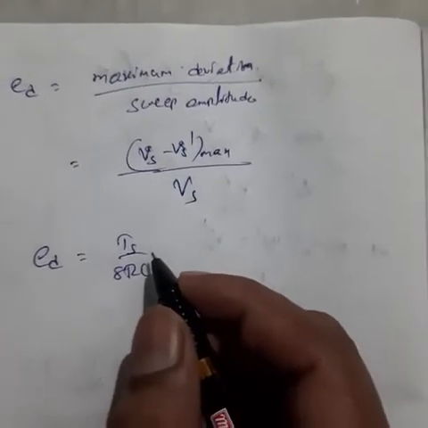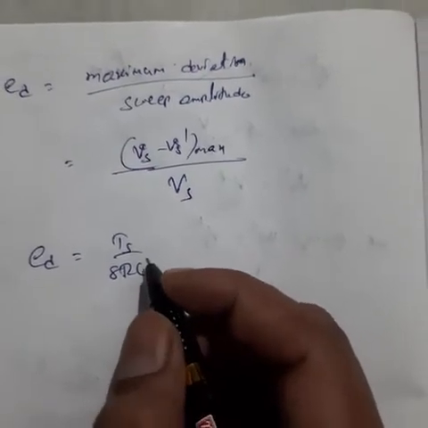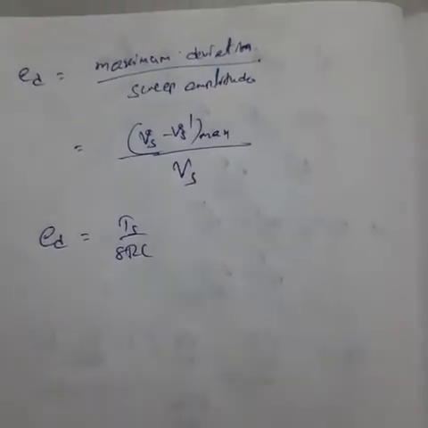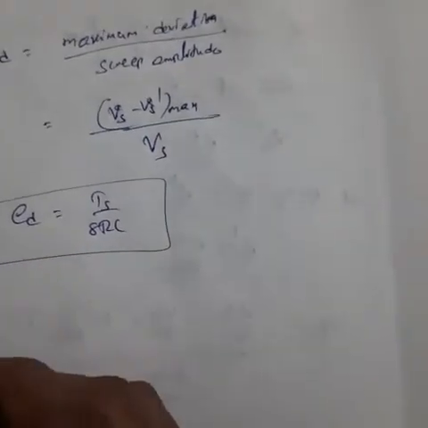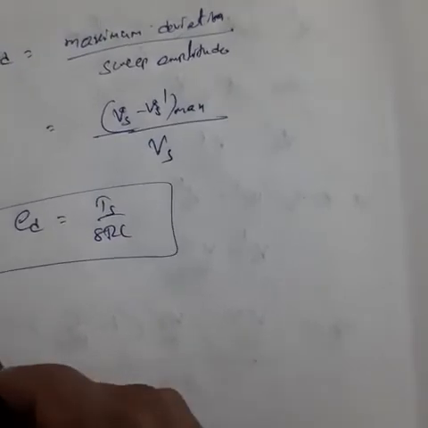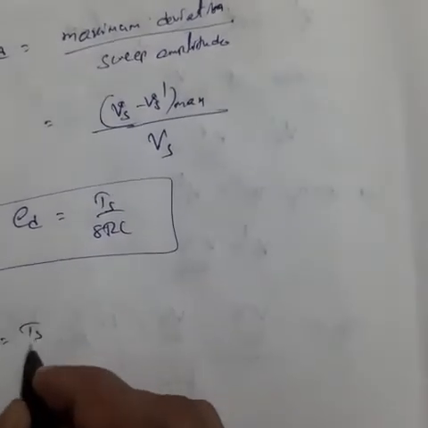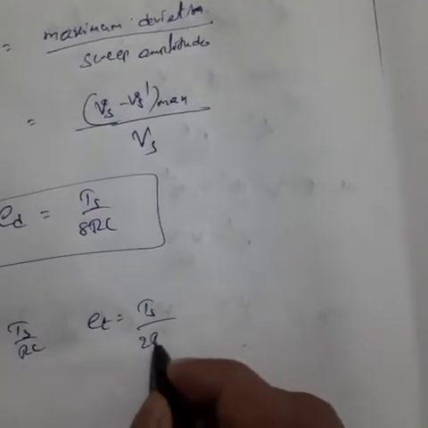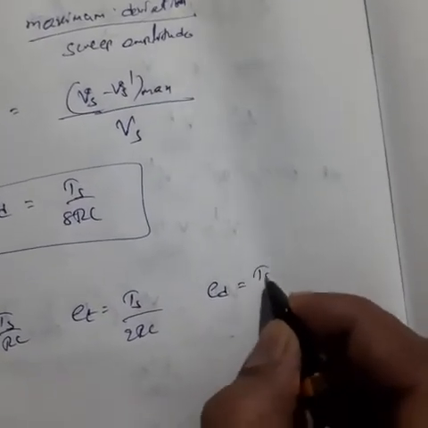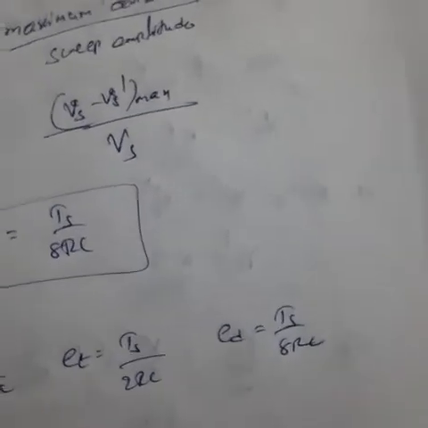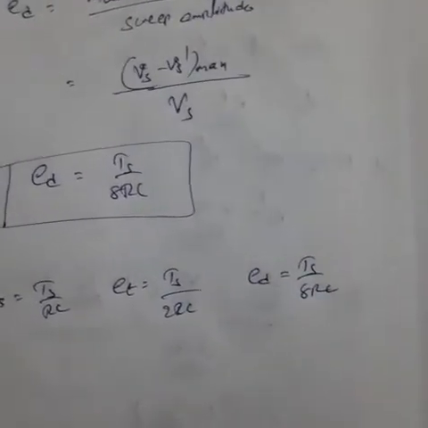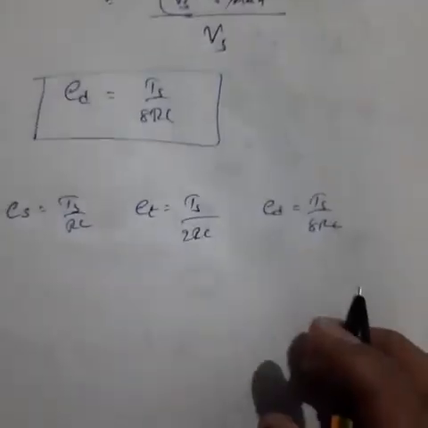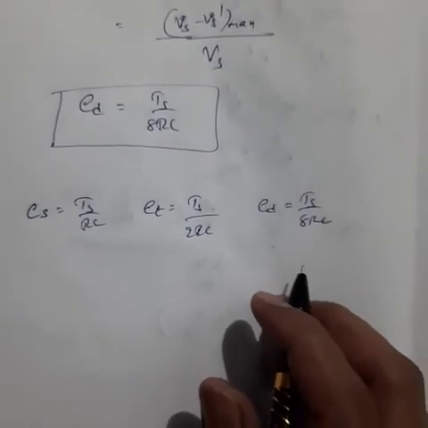The remaining solution I will provide in PDF form; just go through that. First, sweep error equals Ts by Rc. Second, transmission error equals Ts by 2Rc. Third, Ed equals Ts by 8Rc. These are the three errors, or general characteristics.